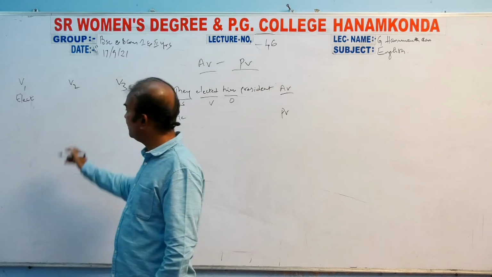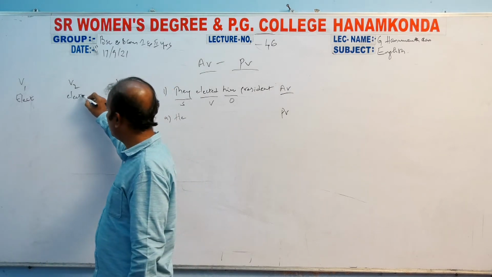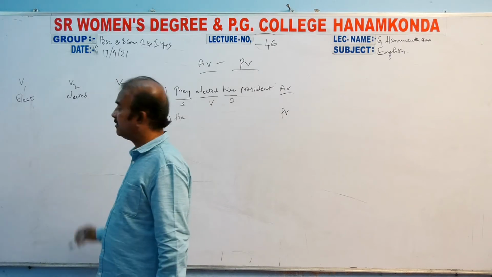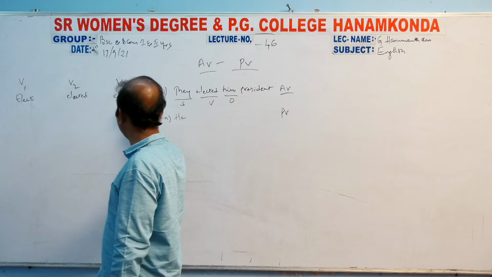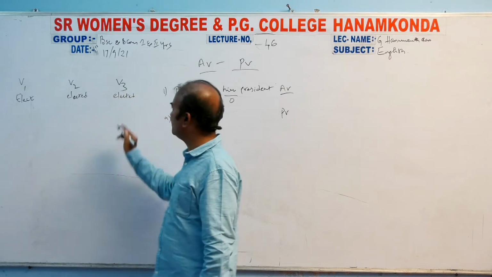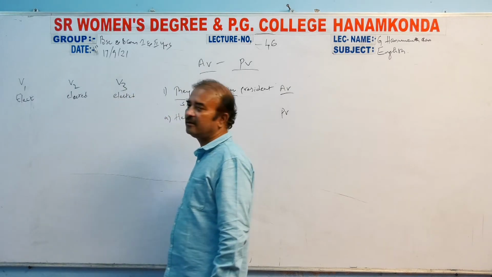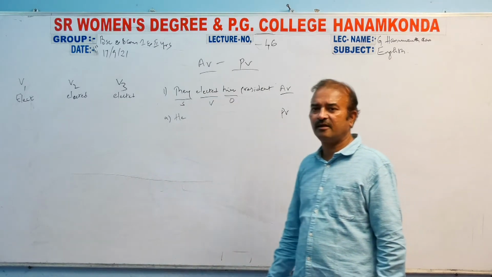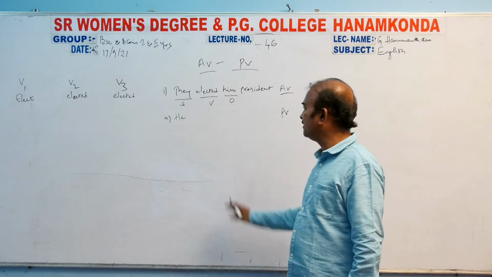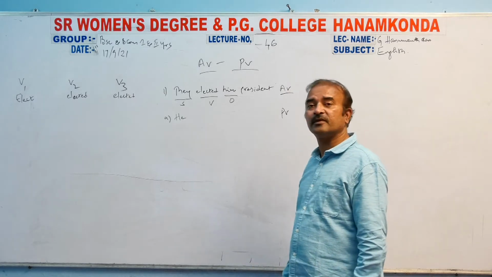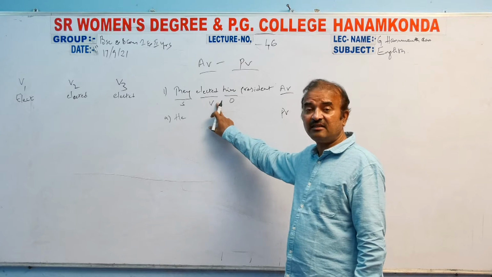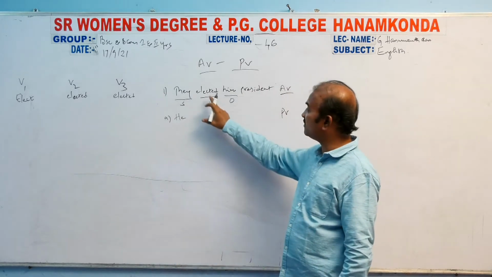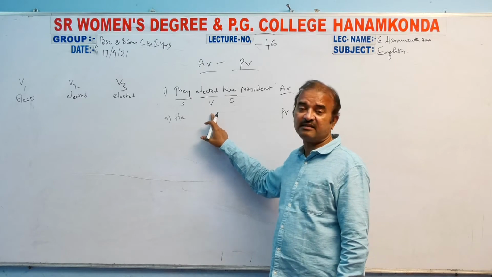Next one, elected. Next thing is also elected. Right? So check this one now. Verb is in which tense? Verb is in past tense.